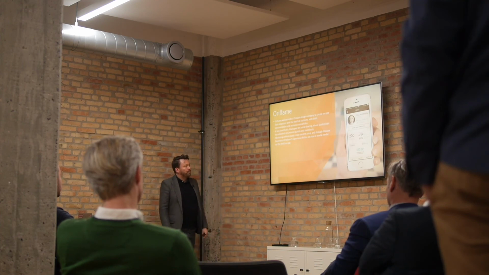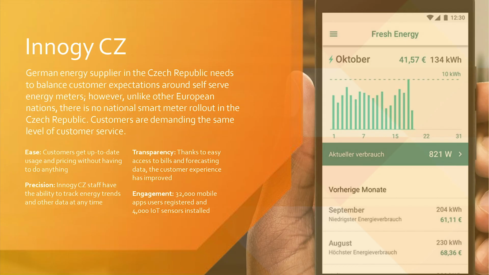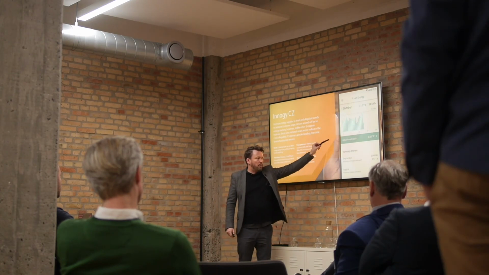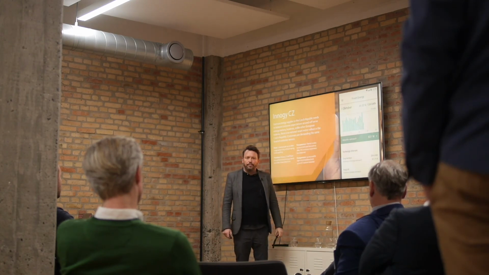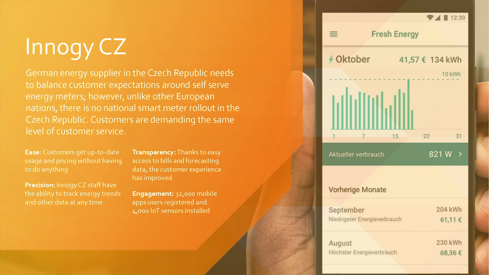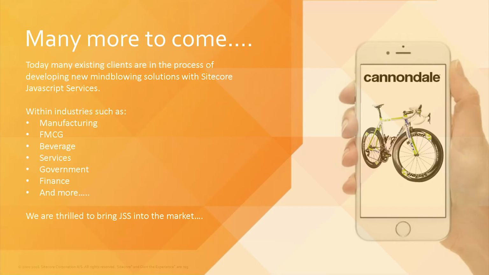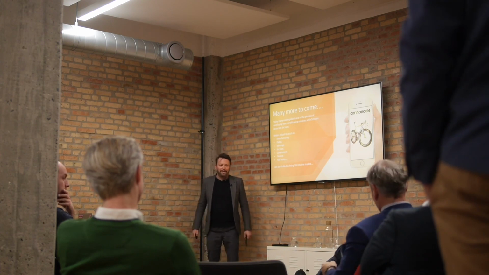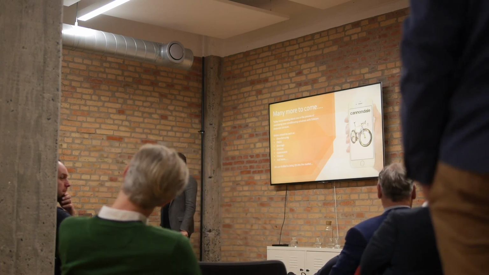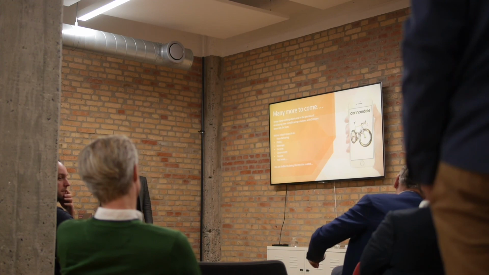It's an example. We also have an energy company in the Czech Republic that has used it to create personal information about your electricity usage around the day. And there are a lot in development. Cannondale is another interesting case around bicycles, for men over 40 in tights, I guess, who want to improve their training and can collect everything through the app. They do that.